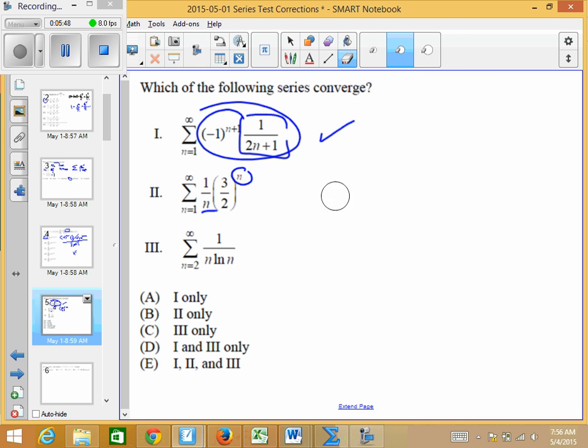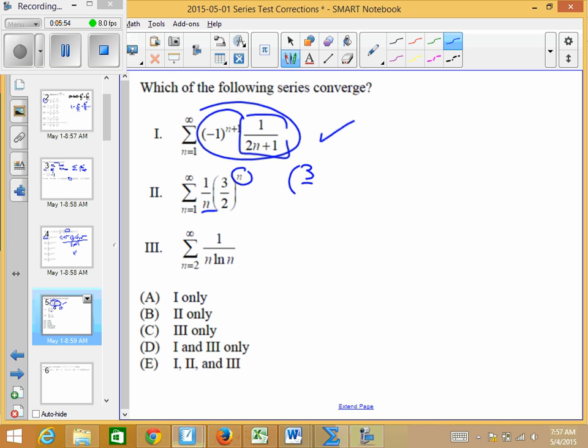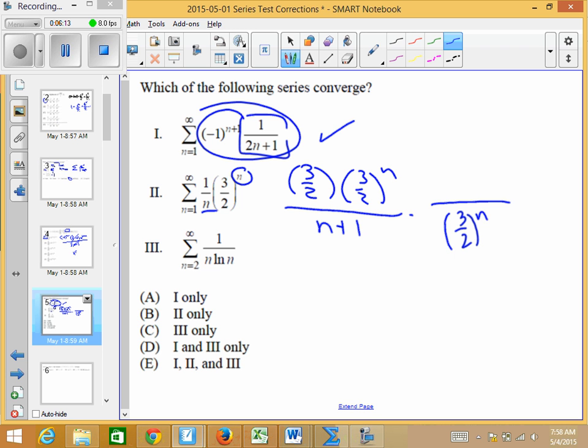Probably easier to back up. So these are ratio tests. We take the reciprocal of the original, and we find this limit as n approaches infinity.